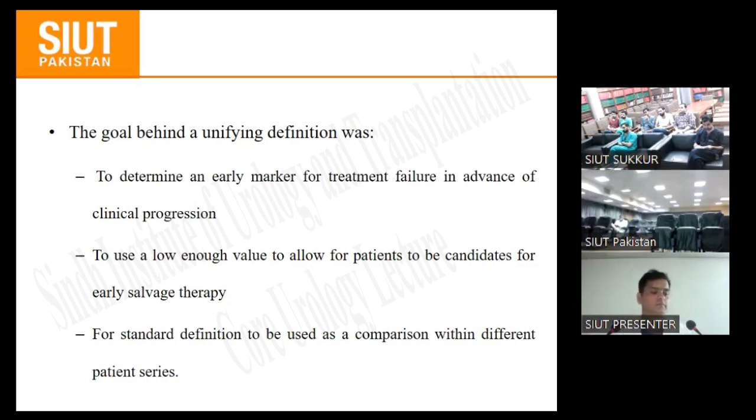For instance, if there is a value of 10 nanogram per ml as compared to 20 nanogram per ml, it is not necessary that the person having 20 nanogram per ml PSA is definitely harboring some kind of cancer.